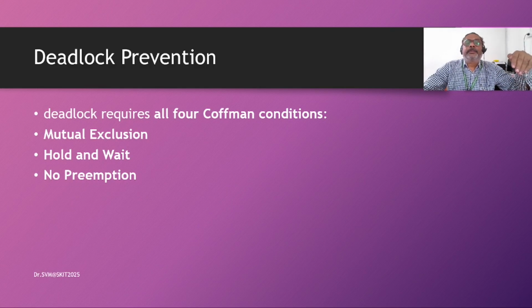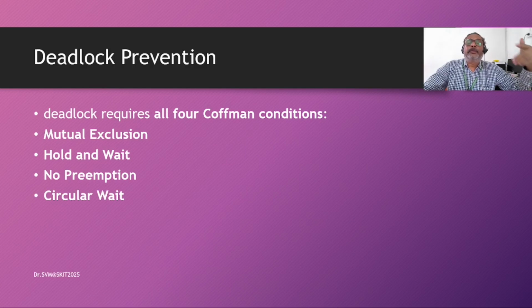And if that process is in turn waiting for some other resource held by another process, then till that resource is available it cannot continue, and if it cannot continue then it cannot complete, and if it cannot complete then it cannot release the resource. So that is what no preemption means. That is another reason for deadlock.